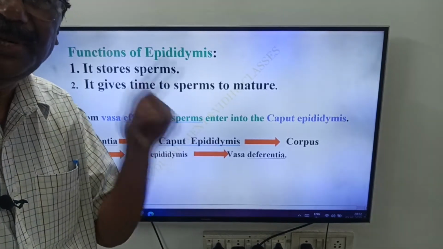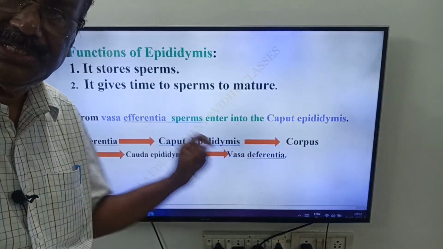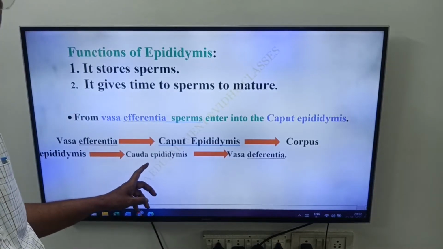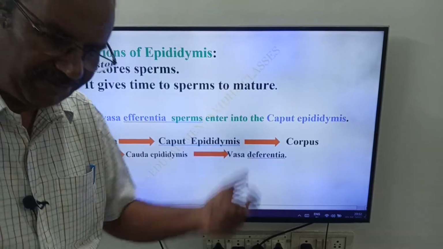Which part of the epididymis? The caput epididymis. Then corpus epididymis, cauda epididymis and vas deferens. This is the flow of sperms. First, vasa efferentia to the head of the epididymis, the caput. Next, the body, corpus epididymis. Next, the tail, cauda epididymis. From the cauda epididymis, it enters into the vas deferens.